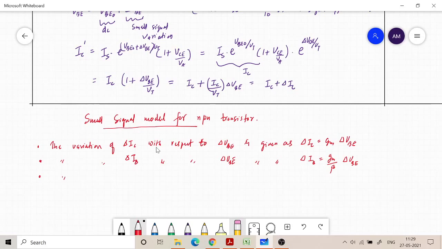And the last thing that we found is the variation of delta IC with respect to the variation of delta VCE. What did we get finally?